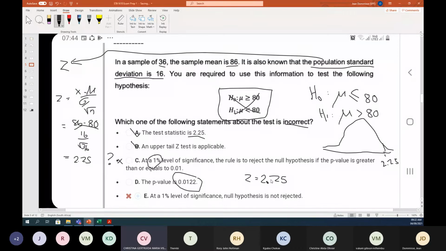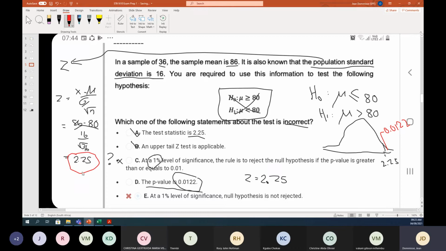I'm confused now. Okay, so the P value that we've worked out, sorry, it's too early. That is your 0.0122, which is what we've calculated there.